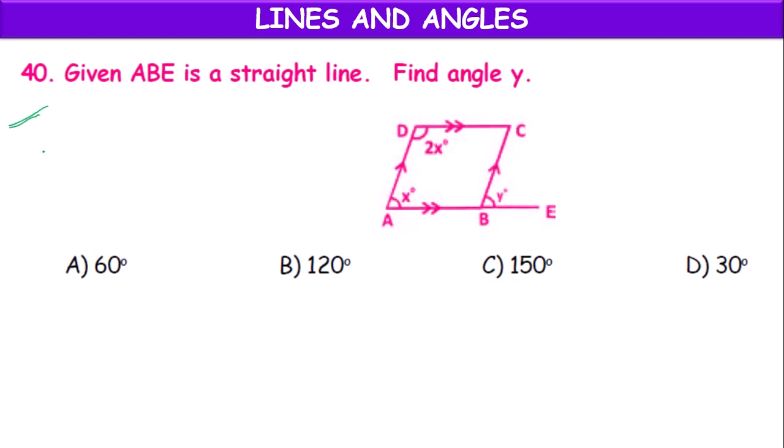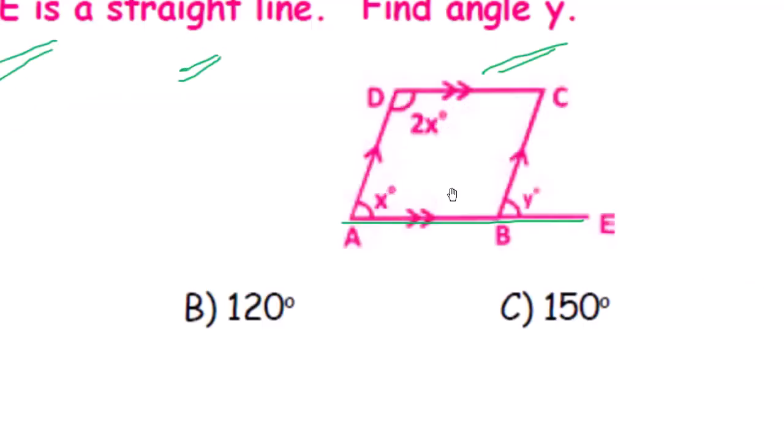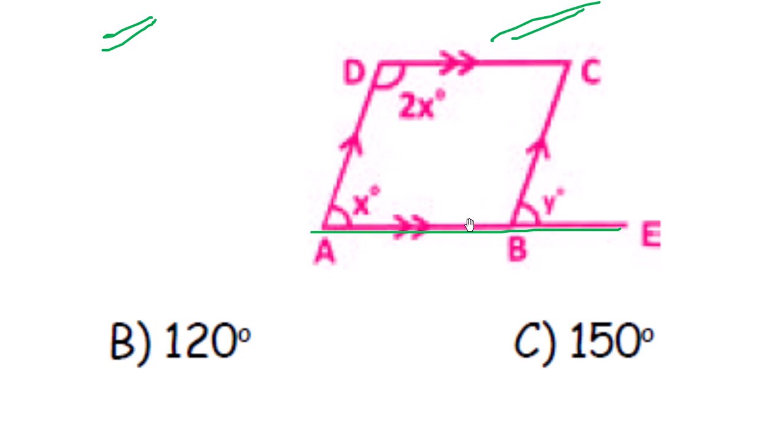Next, 40. Given ABE is a straight line, find angle Y. So they have given that ABE is a straight line, and we have to find the value of Y. AB is a straight line, DC is parallel to AB, and AD is the transversal.